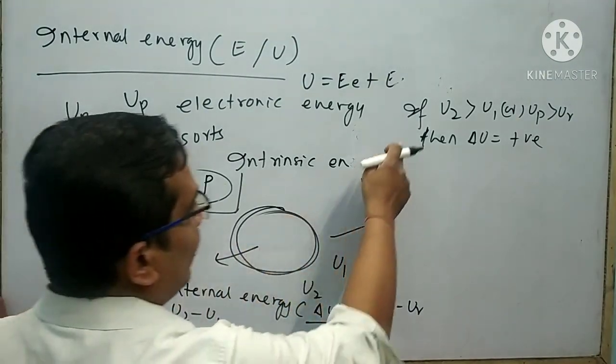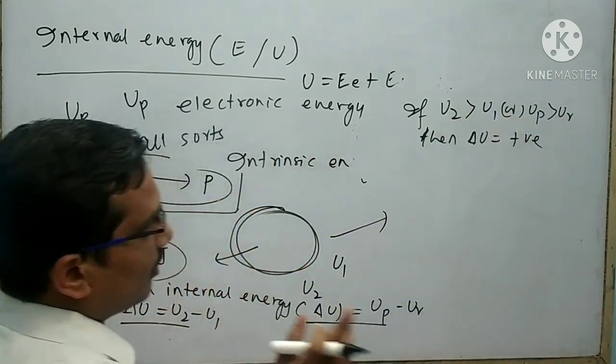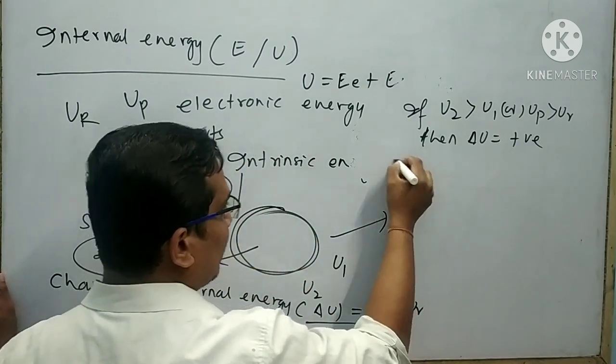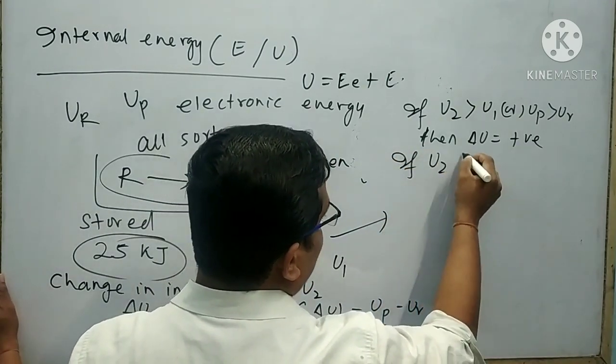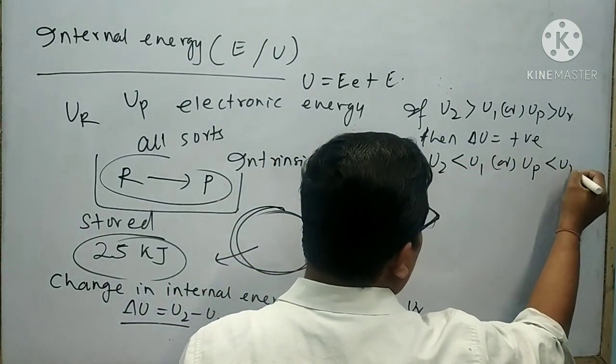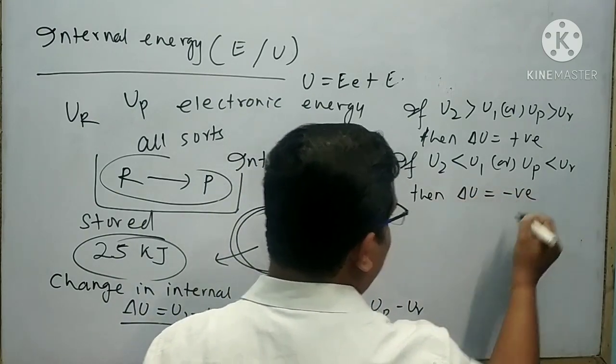So remember, if U2 greater than U1 or UP greater than UR, then del U equal to positive. Similarly, remember, if U2 smaller than U1 or UP smaller than UR, then del U equal to negative.